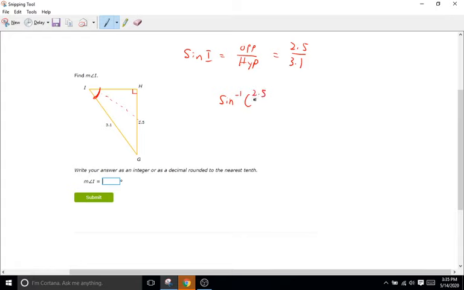So now we can use arcsine of 2.5 over 3.1. Okay, arcsine is sine to the -1, or you can write arcsine. You might see it both different ways. For Google, I actually spell it arc, A-R-C, and then sine.